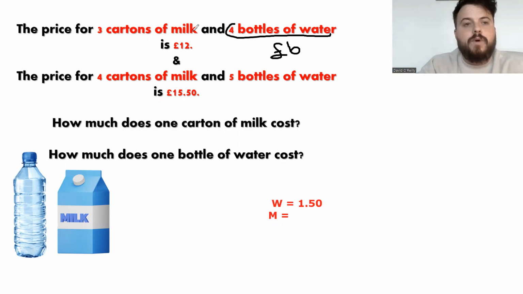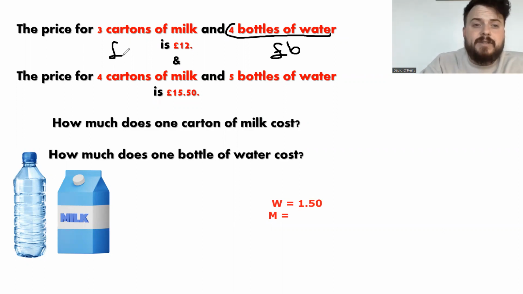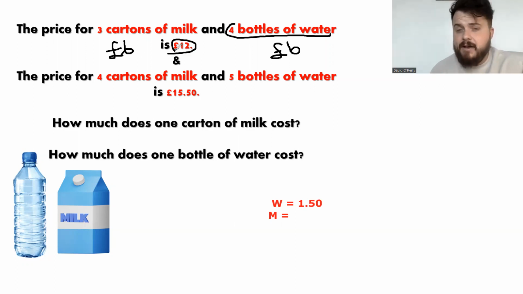All right, so we've got 3 cartons of milk and 4 bottles of water is £12. So if the bottles of water is £6, the cartons of milk must also be £6 because £6 and £6 is £12. Yeah, and that's what it says there. So if 3 cartons of milk is £6, 1 carton of milk must be £2.